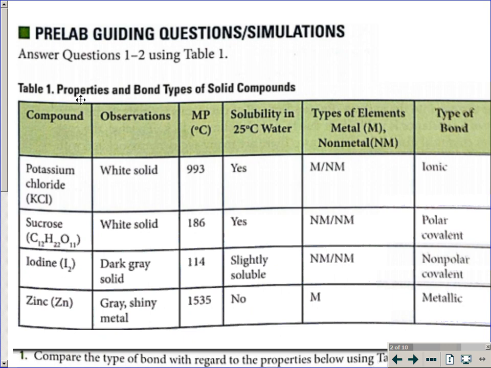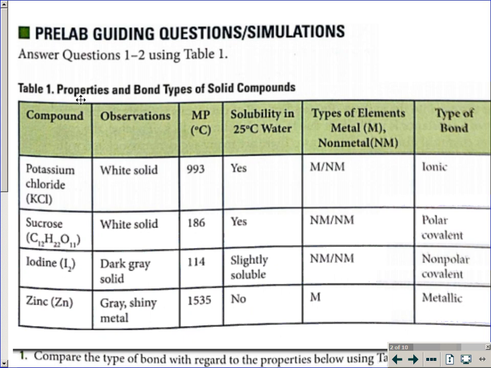Are ionic solids electrically conductive? No, why? Electricity has to flow. If electricity can't flow between two stagnant ions that are not able to move, it can't flow. So in aqueous ionic solutions, then they can flow.